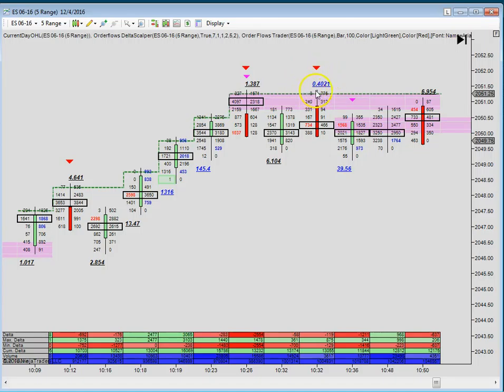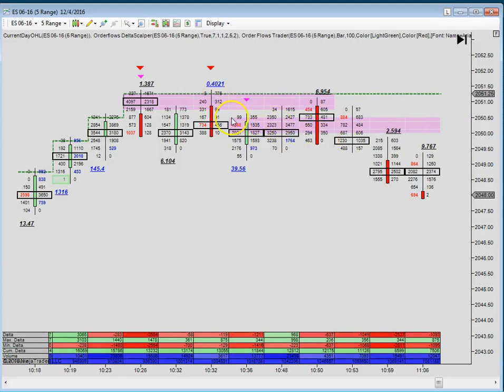When you're getting a ratio, the market is telling you something. It's either telling you that buying or selling has dried up, or that selling or buying has stopped, in the sense that there are strong offers or strong bids in the market. In this case, since it's on top, it's a bearish signal. It's telling you that there are strong offers in the market up here at these levels.